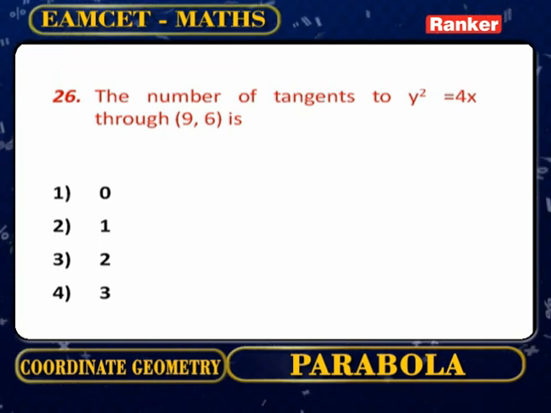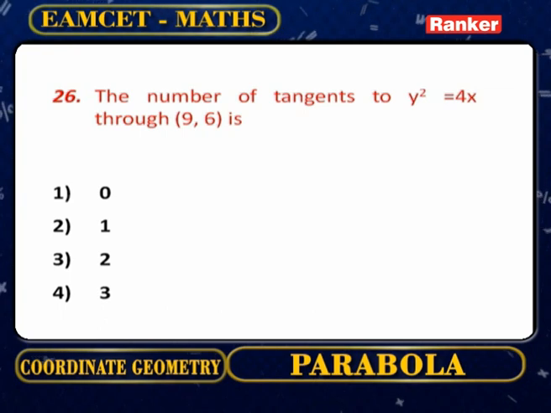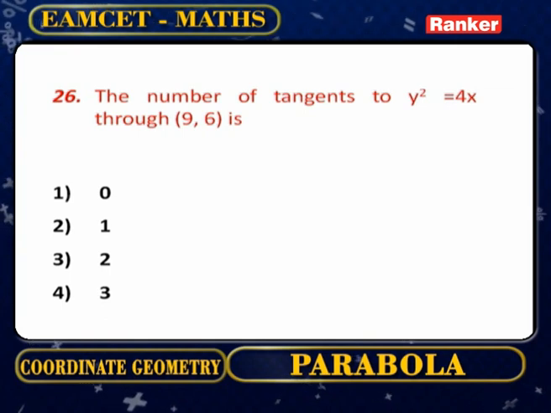The number of tangents to the parabola y² = 4x through (9, 6). Now, for the given parabola, consider S = y² - 4x = 0. Now substitute the point in the equation of the parabola: S11 = 6² - 4·9, that equals 36 - 36 = 0.